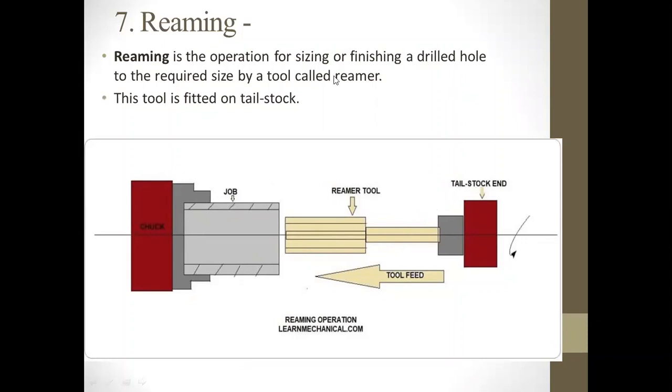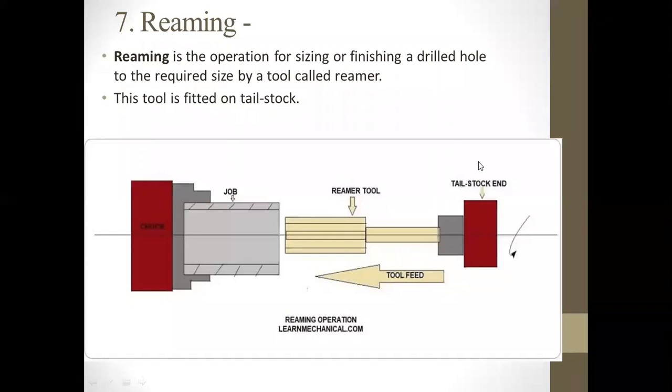Now see here in this diagram, this is the chuck, this is the job, and this is the reaming tool. This reaming tool will be fixed on the tailstock end, and here this is the tool feed. It is similar to the boring and drilling operation. By using this reaming tool, it is possible to size or clean the hole.